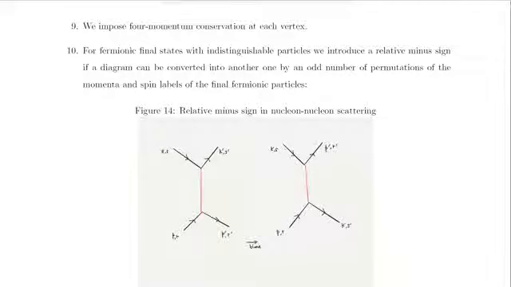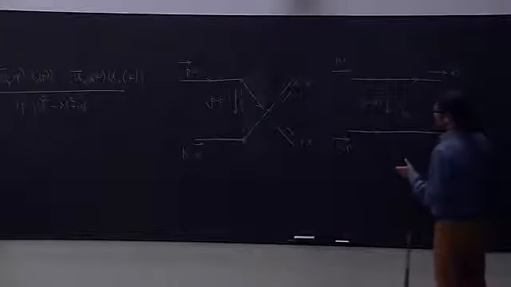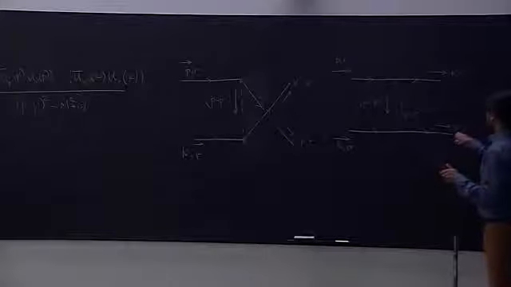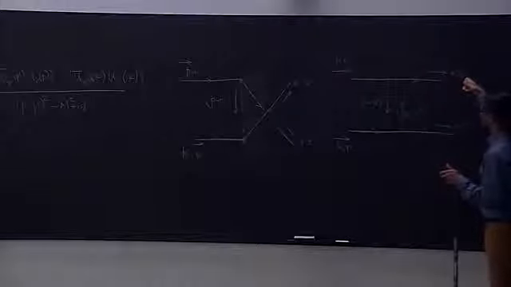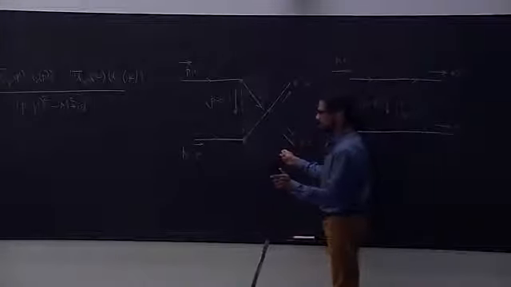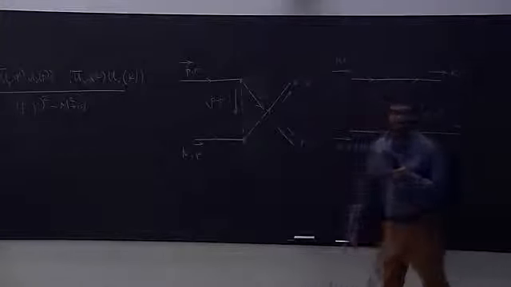So this is just a formal thing. If you take this diagram and we could convert this diagram to this diagram by relabeling the final states, then there would be a minus sign. And indeed we can. Suppose this was k prime and this was s prime, and this was p prime, this was r prime, then basically it's topologically equivalent to that diagram. So in that case, there would be a relative minus sign.